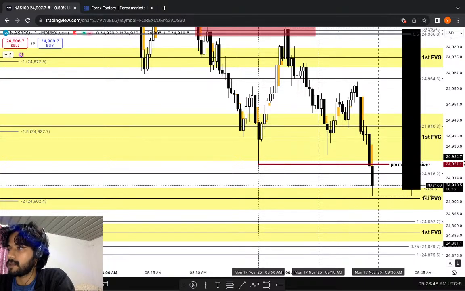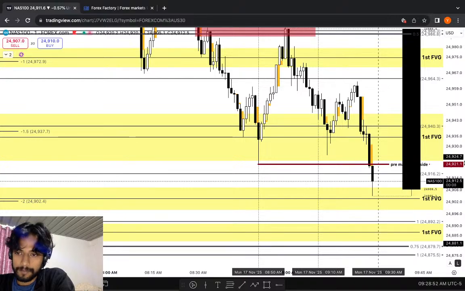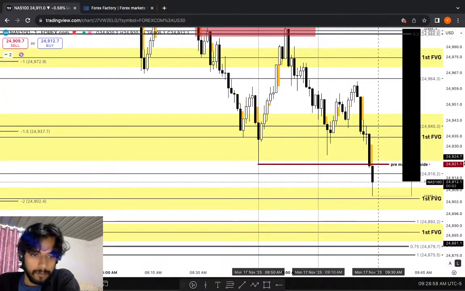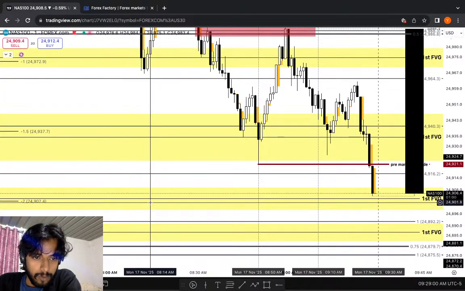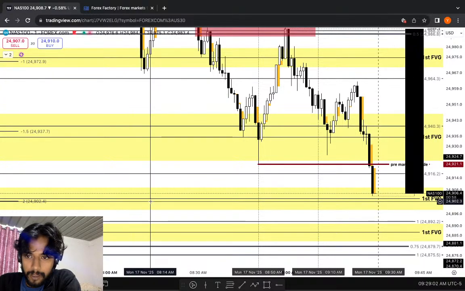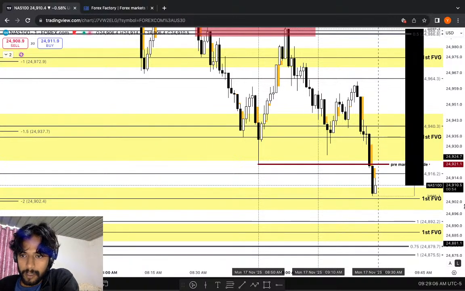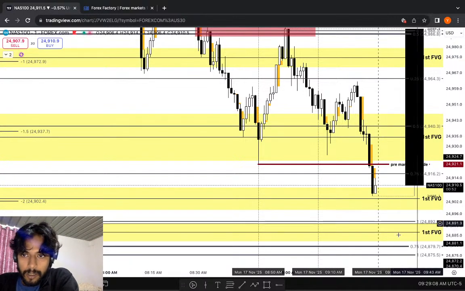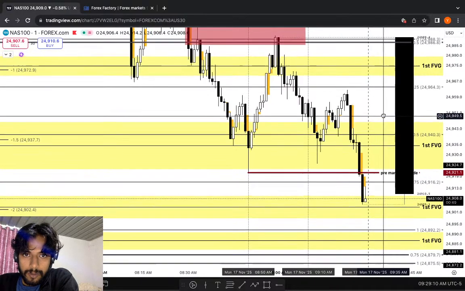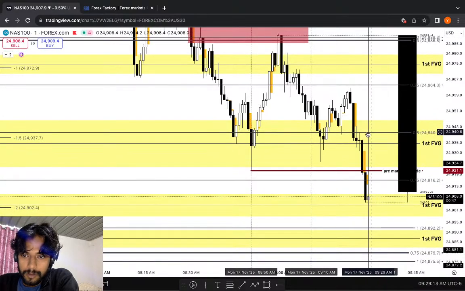Opening price of the order block, and the high of it is 98. It's 902.4 negative standard deviation 2. Currently we are trading around 906, 910. The low it created here was 910.